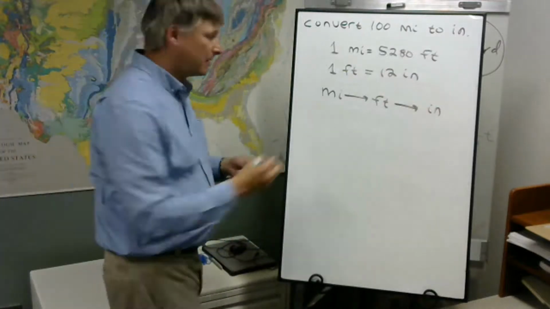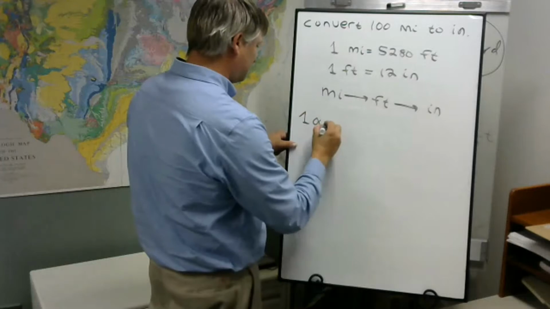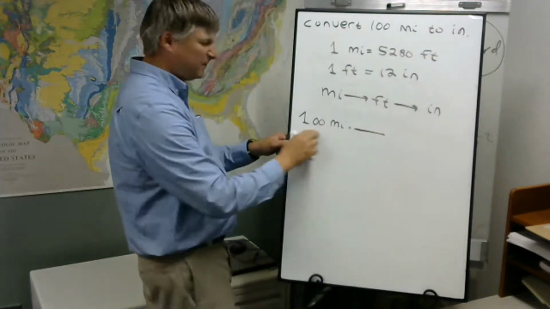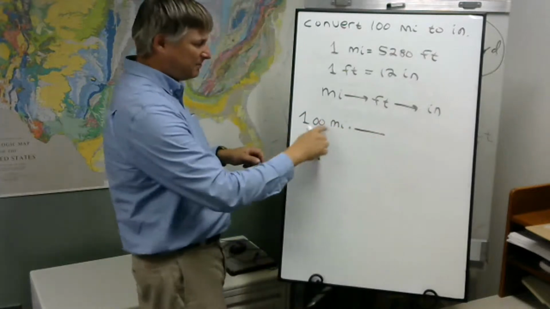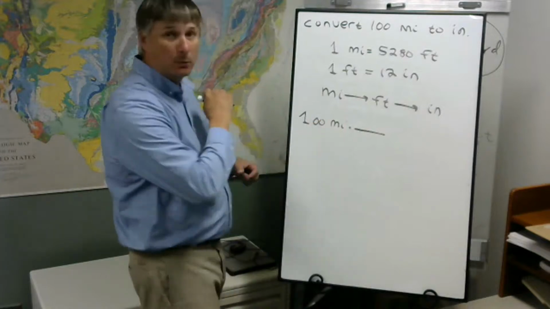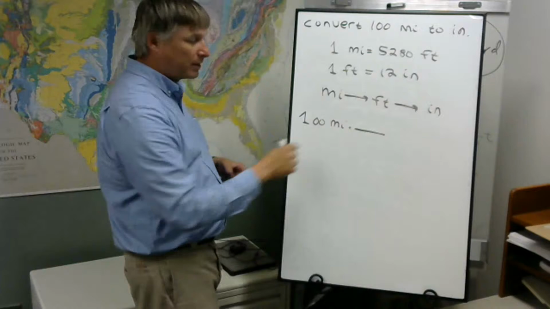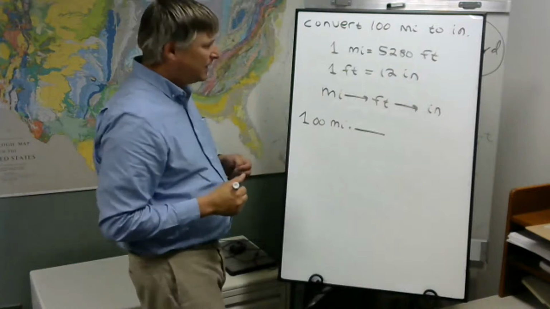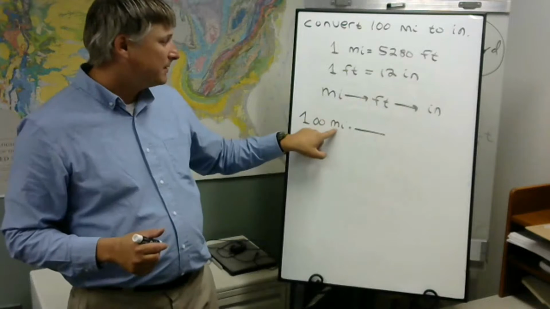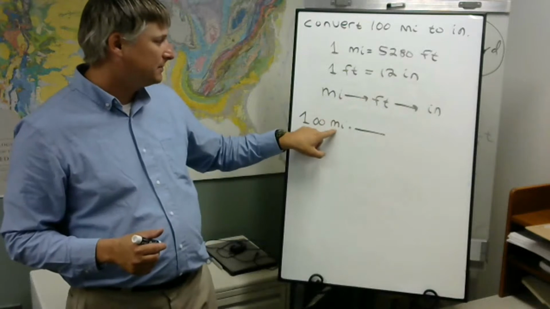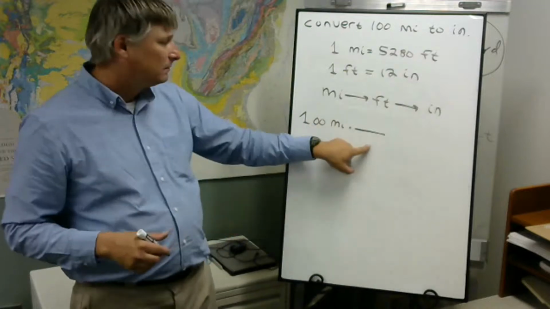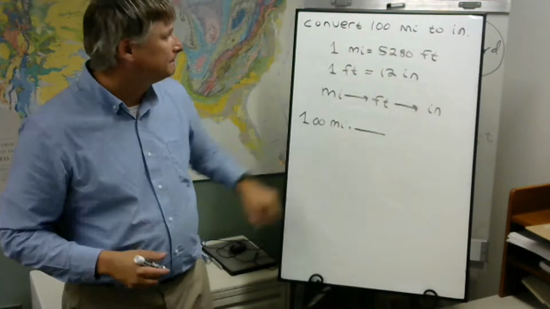So let's start with our 100 miles. And remember, there's an invisible 1 under here. So that means the miles is on top, and it's on top of that invisible 1. So the invisible 1 is on the bottom. Now we want to go miles to feet. That means we need miles to cancel. So since the miles is on top, again on top of that invisible 1, we need miles on the bottom.